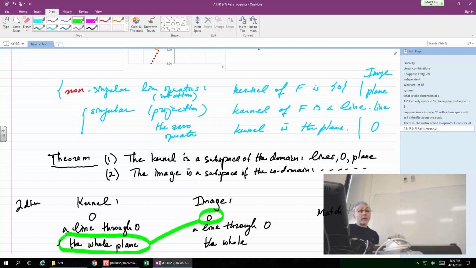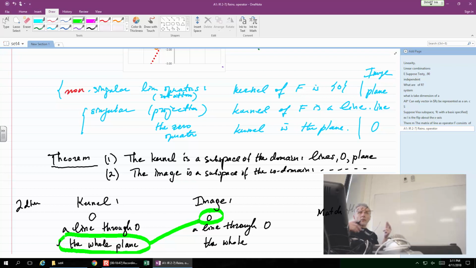And now let's look at the other case. Suppose the kernel is 0, which is trickier. If the kernel is 0, there are no vectors that go to 0 other than 0. Remember what that means? Well, for one, it means that the two basis vectors do not become multiples of each other, right?